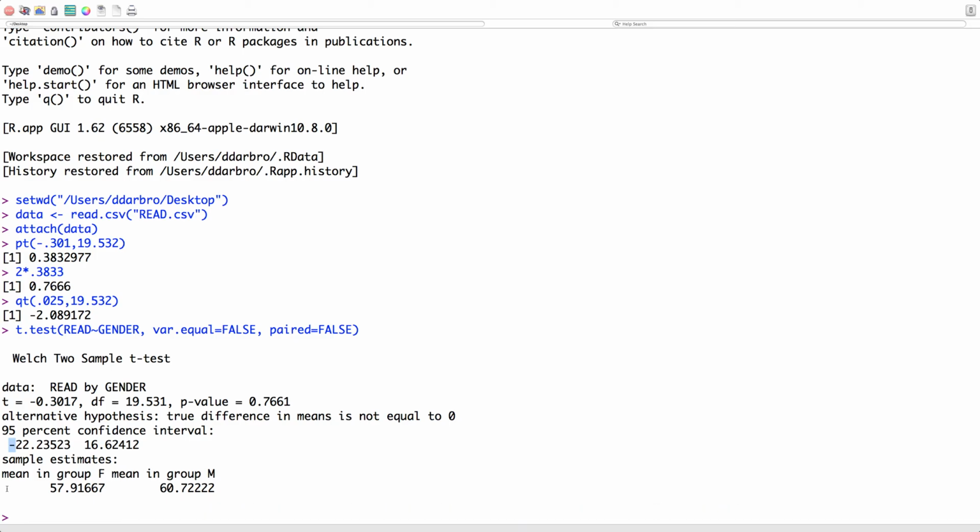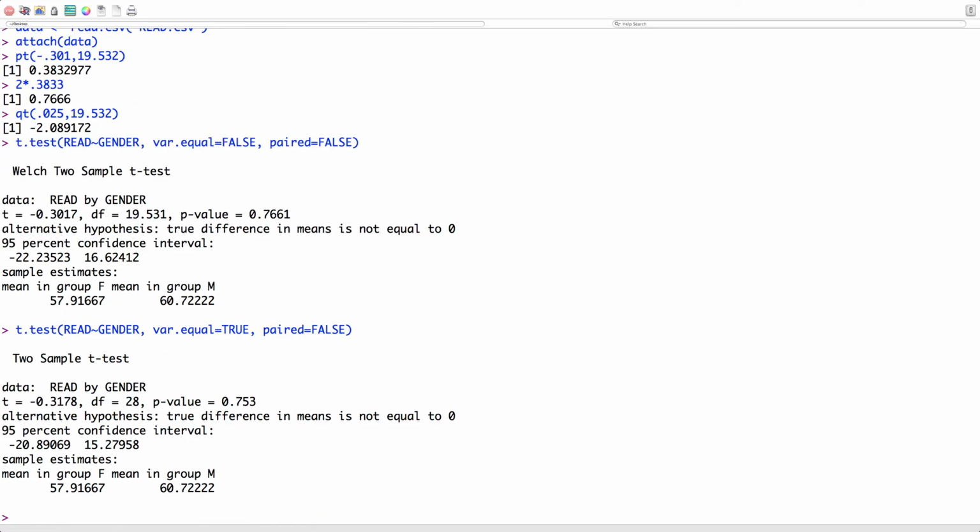Now, what could we do if we could conclude that we do have equal variances? Well, the t-test that we would run would be very similar. But in this situation, we would do variance equal true. And we're still paired equal false. Now, in this situation, notice that the t-value, the test statistic, is a little bit different.